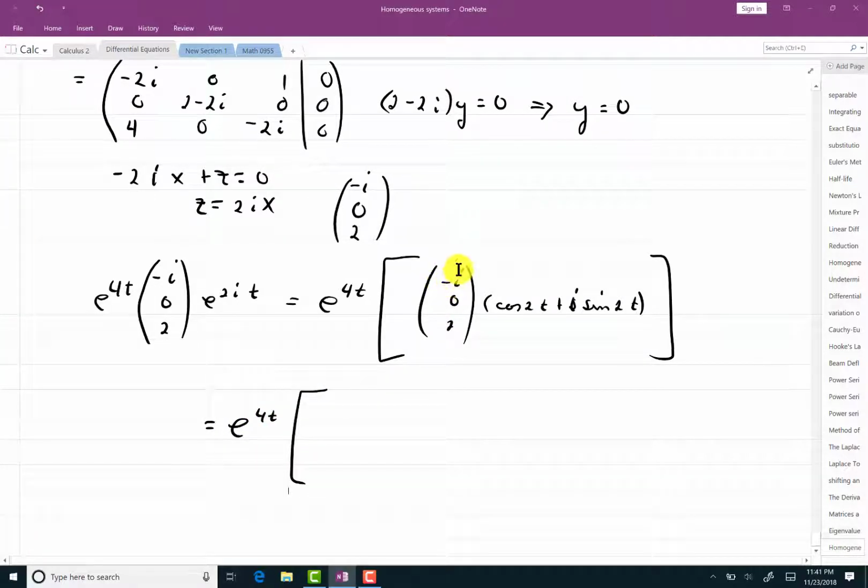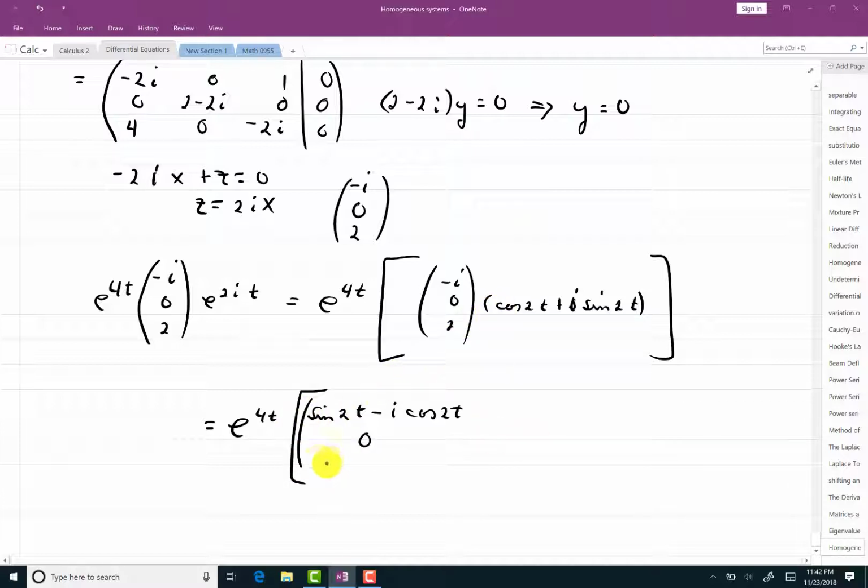When I multiply it through, it'll give me negative i cosine 2t, but then a negative i times i gives me a positive 1, so it's sine of 2t minus i cosine of 2t. The 0 will stay 0.